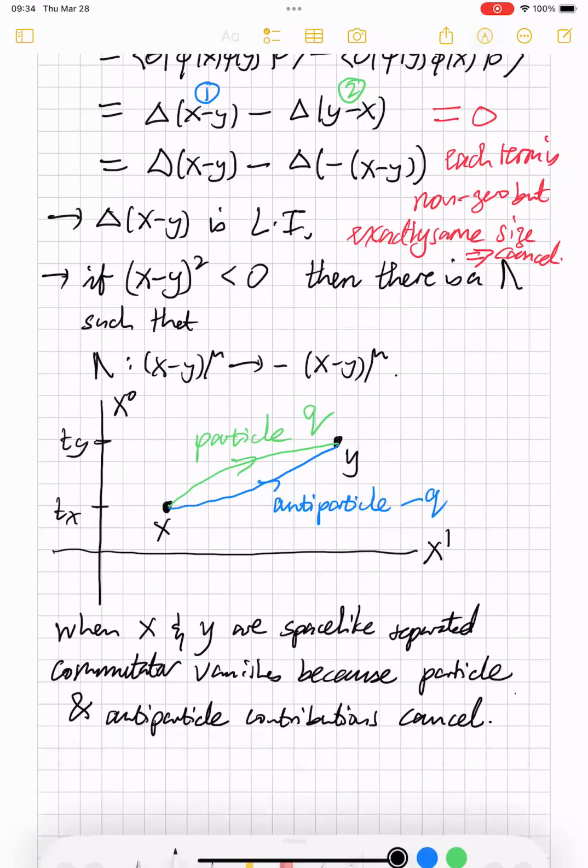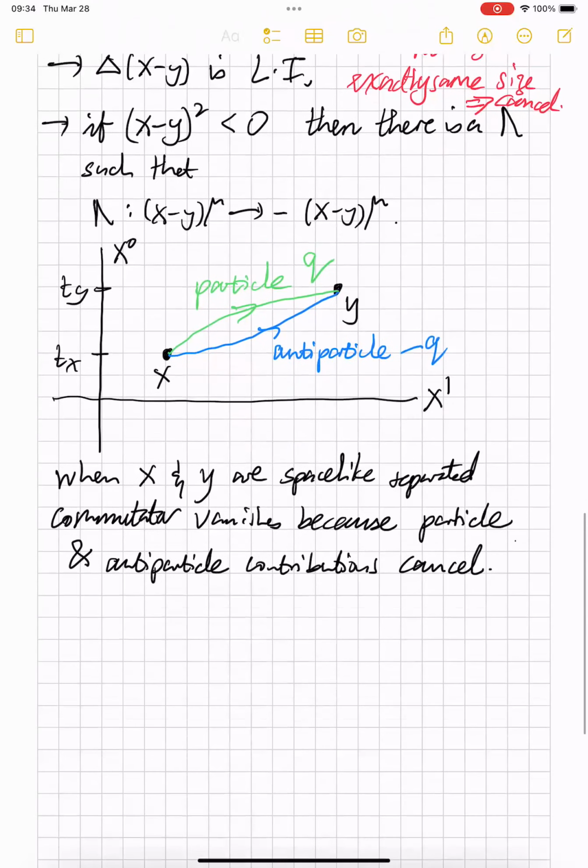Now, the fact that the masses must be the same, the spins must be the same, but the charges can be opposite, that is embodied in a very basic theorem in quantum field theory. It's called the CPT theorem.